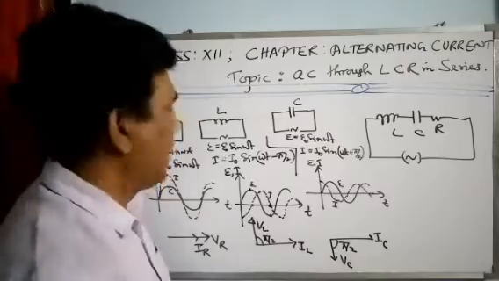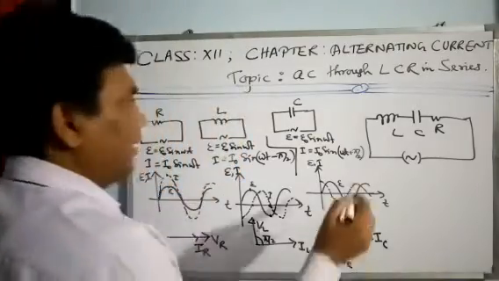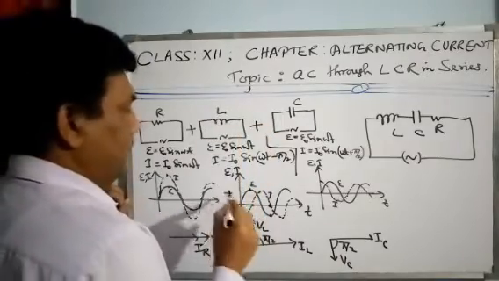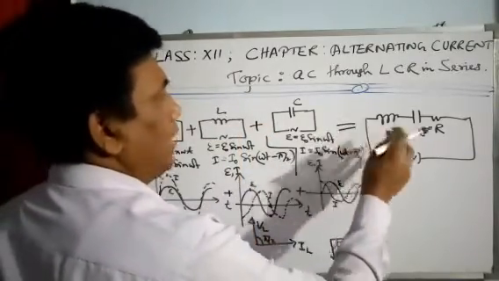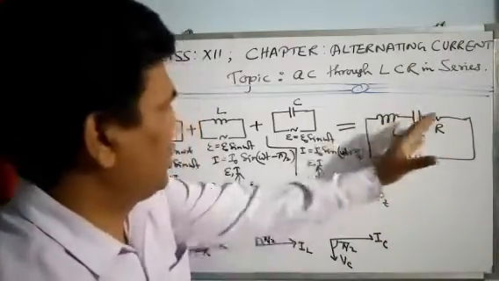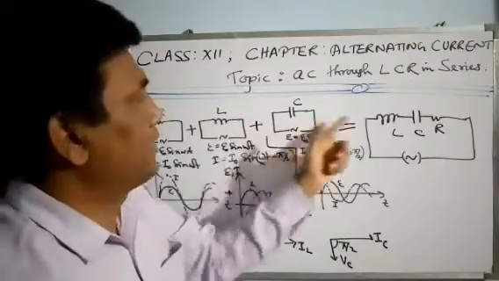Are you getting my point? Now what I am going to do is overlap all these things. This plus this equals this circuit, combining R, L and C.